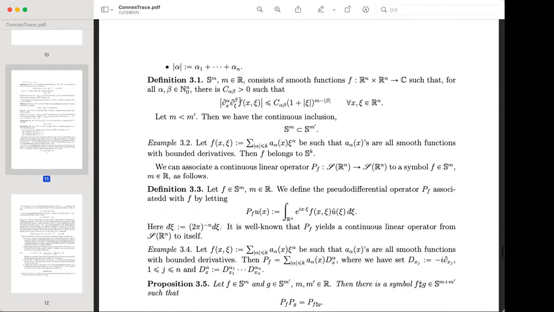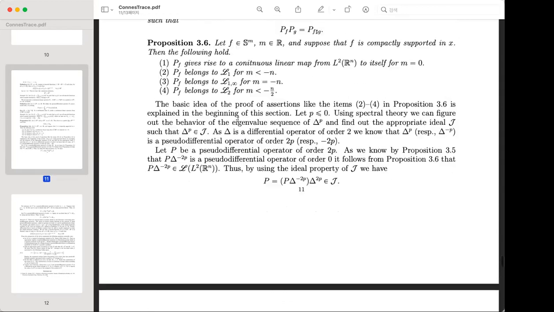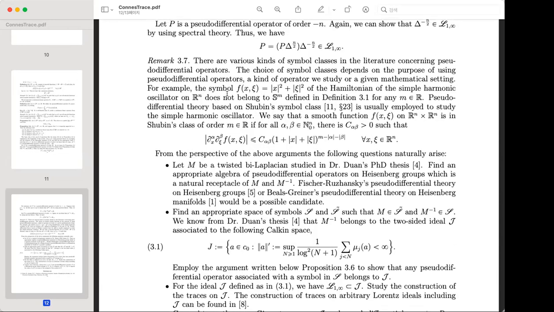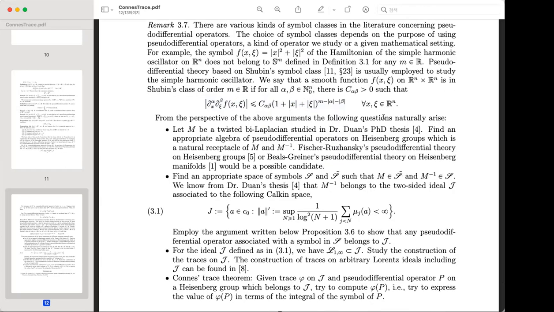So this definition of the symbol does not meet the desired property in this case. One should find and apply the appropriate symbol space depending on the problem you are working on. This is the choice of symbol one can find in the literature, the so-called Shubin symbol class.